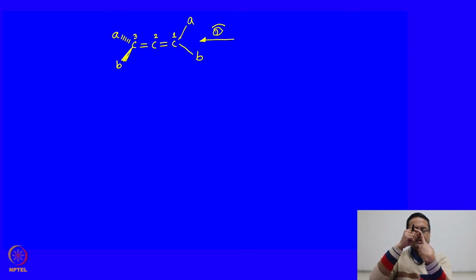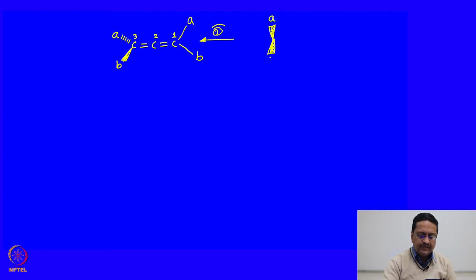The bonds which are above and below are out of the plane of projection of point 1. So, those two bonds are to be drawn as bold wedges A and B, and the other two groups are on the carbon 3 and they are pointed like this.